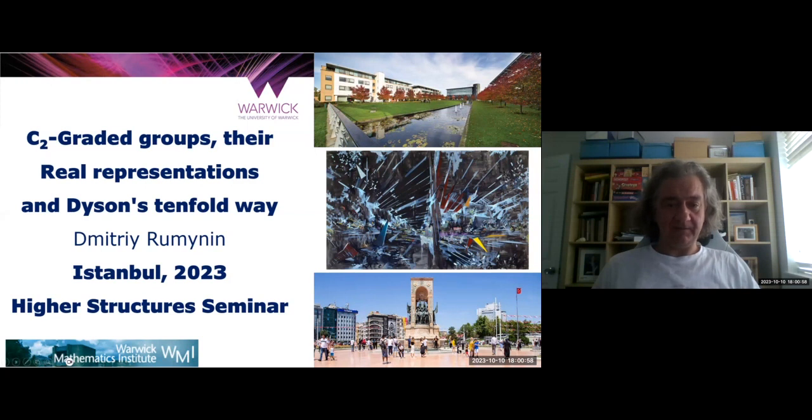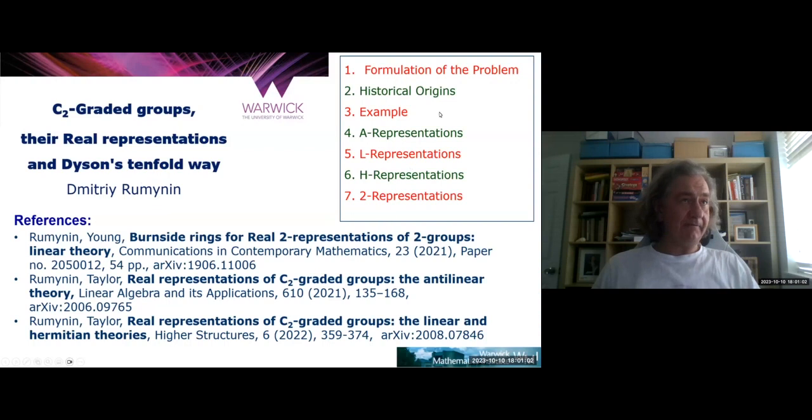So let me explain the structure of my talk. There will be seven parts. I'll explain what the problem is. I'll give a little bit of historical origins, an example, and then I'll talk about A, L, H, and 2 representations of graded groups.